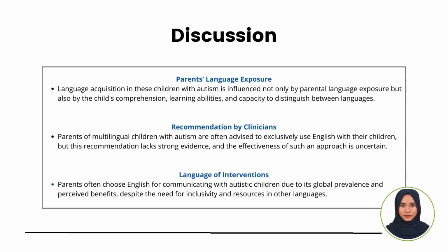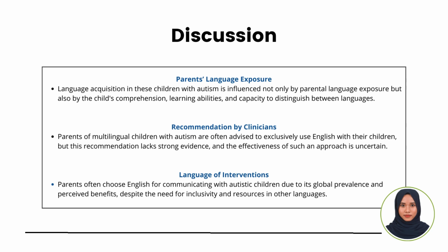Parents of children with autism who speak multiple languages are commonly told to only speak English with their kids. However, there isn't solid proof that this approach works well, and its effectiveness remains uncertain.